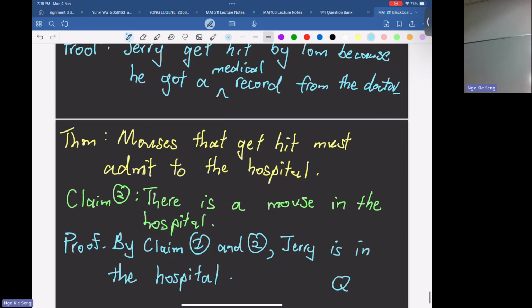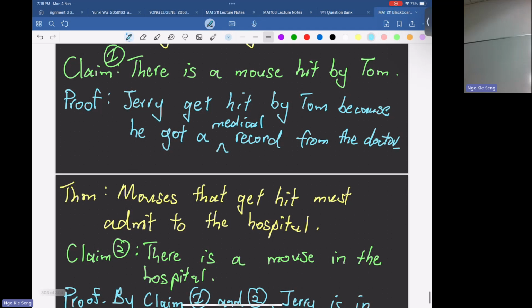Okay, but could it be possible that Mickey Mouse is in the hospital? 宇轩，有可能吗？ Is it possible?